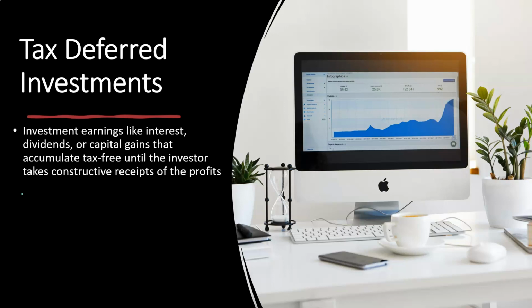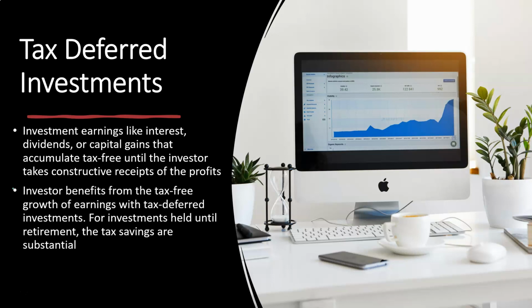So investment earnings like interest, dividends, and capital gains accumulate tax-free until the investor takes constructive receipt of the profits. So they're going to continue earning until you take constructive receipt. The most common examples, like some type of retirement plan, when you take it out, then that's when the tax is going to be happening.